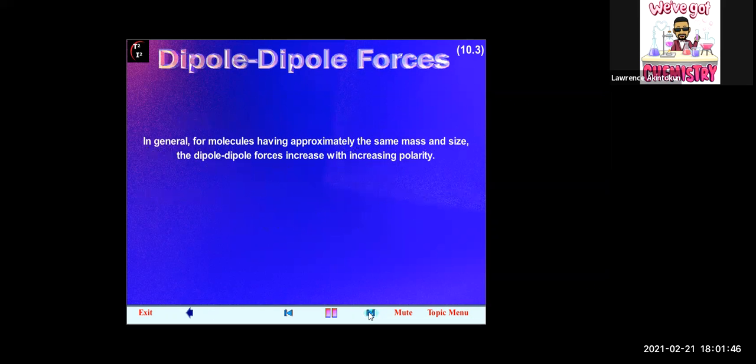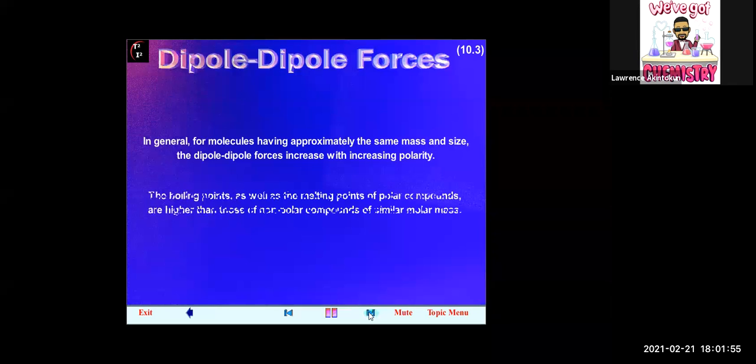In general, for molecules having approximately the same mass and size, the dipole-dipole forces increase with increasing polarity. The boiling points, as well as the melting points of polar compounds, are higher than those of nonpolar compounds of similar molar mass.